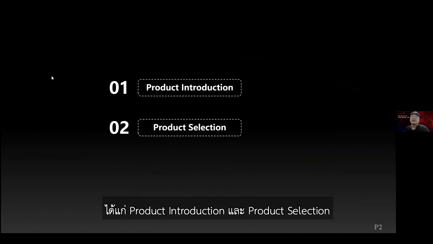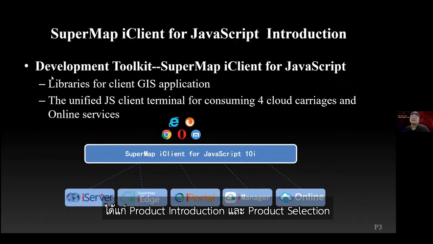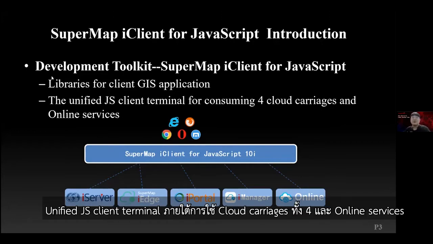The first one is product introduction and the product selection. SuperMap iClient for JavaScript is a development toolkit, and it provides us the libraries for client JavaScript applications and the unified JS client terminal for consuming full cloud carriages and online services.